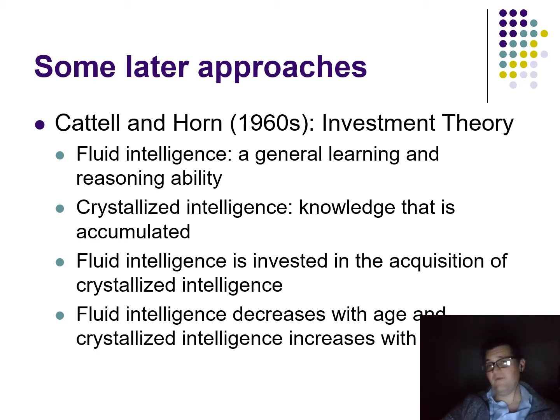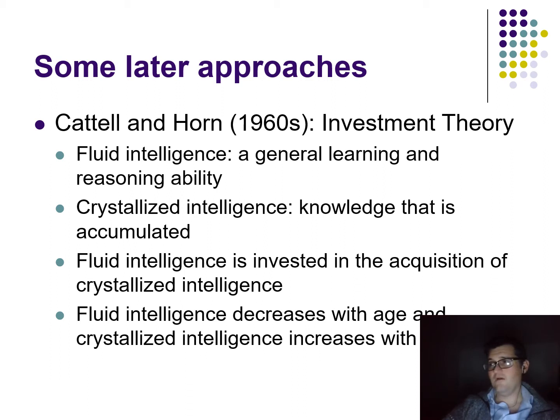This is probably my personal favorite approach to talking about this domain. Cattell and Horn's investment theory basically posits that there are two pools of cognitive ability. One is called fluid intelligence, which is pretty similar to how Schmidt and Hunter previously defined this. It's a general ability to learn and reason. And then there's crystallized intelligence, which is the actual knowledge that you've accumulated.